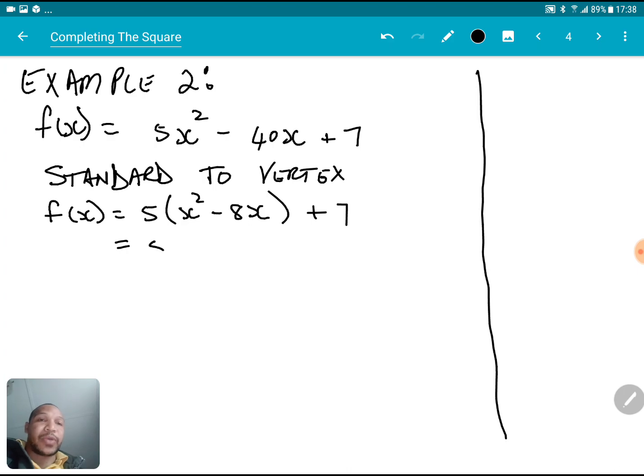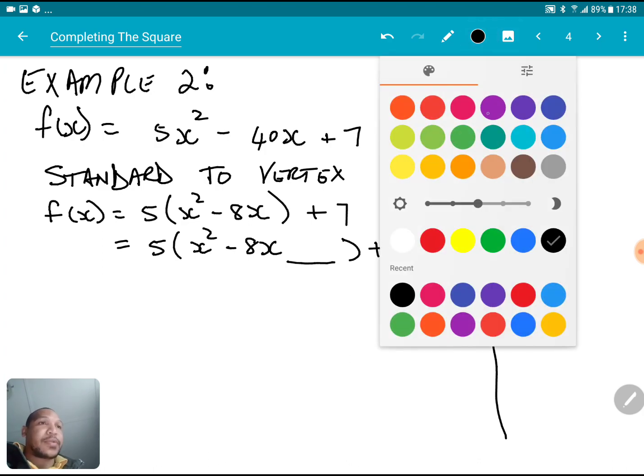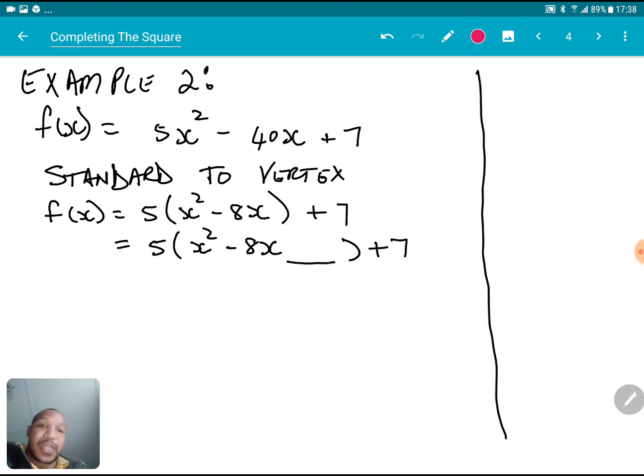That would be equal to, I keep my 5 there, I write my x squared minus 8x, and remember we're going to leave that space there now, plus 7. We left the space, now we want to fill the space. How are we going to fill the space? Remember, b over 2 squared.